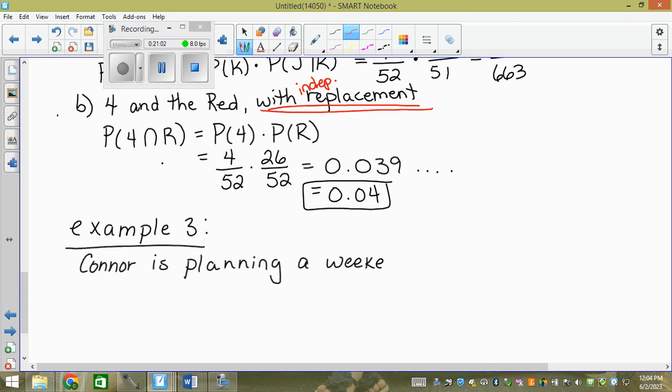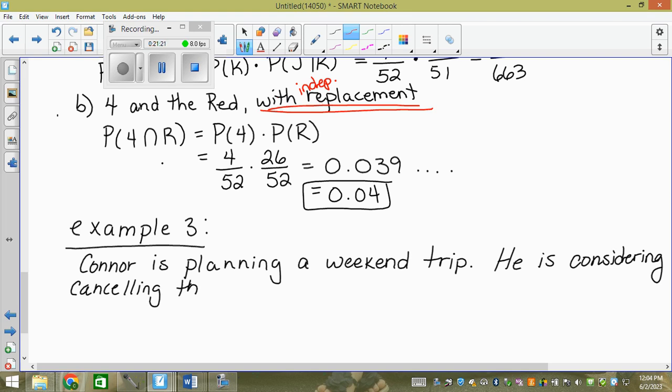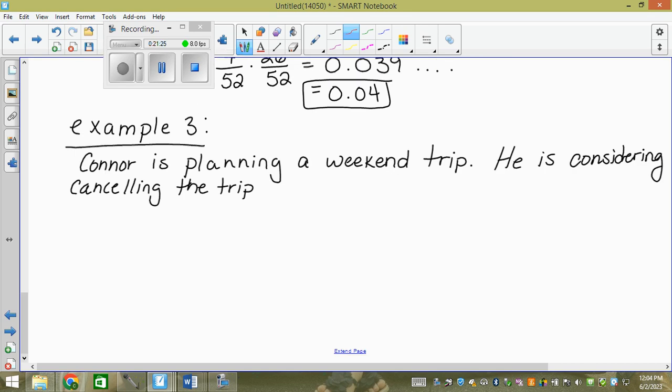And then it says he is considering canceling the trip if the weather is wet.